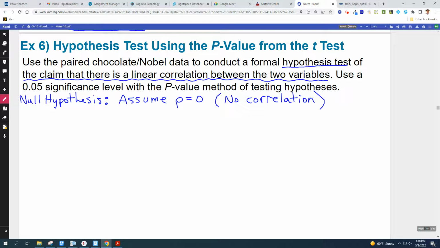So, the claim is we think there's some sort of correlation. The null hypothesis is assuming there isn't. We're assuming that parameter, the correlation coefficient of the population, equals 0. That's what we're doing for the null hypothesis. All right, so keep that in mind.